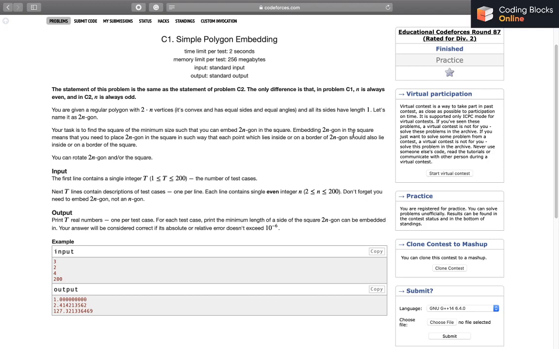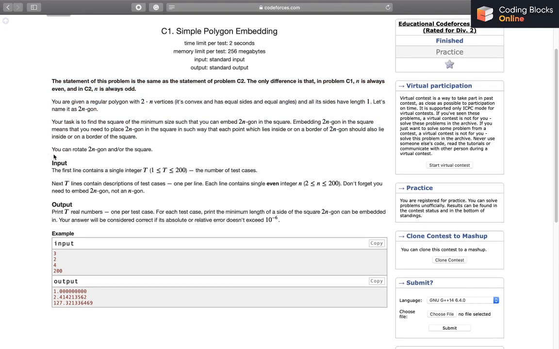Embedding the 2n-gon in the square basically means that you need to place it in the square in such a way that each point which lies inside or on the border of the 2n-gon should also lie inside or on the border of the square. I hope it is pretty much clear by itself. You can give it one more read if you want to. I'll just move on. You can rotate the 2n-gon, or you can also rotate the square.